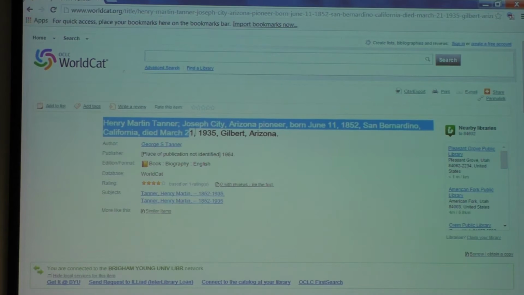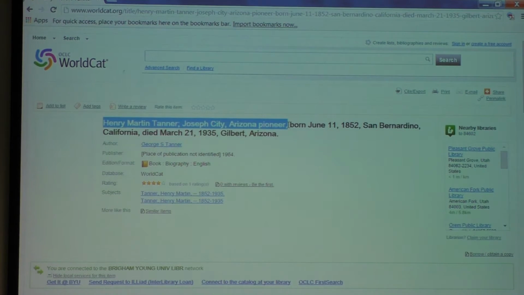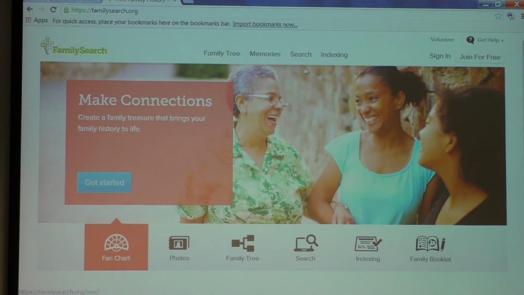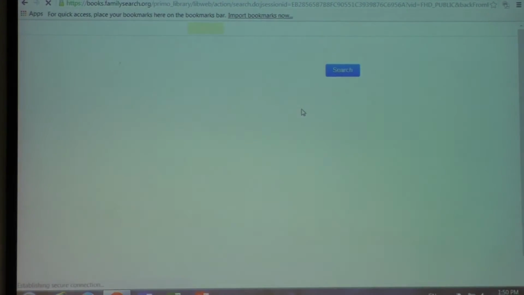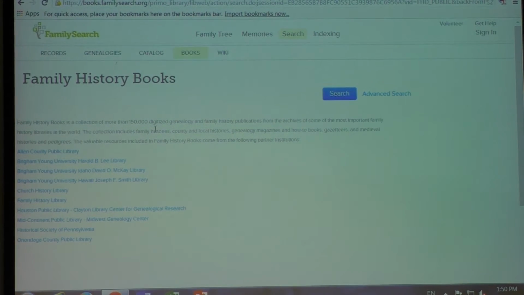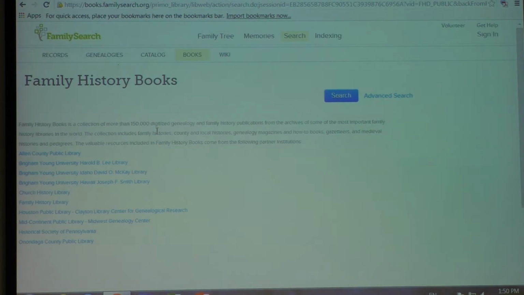So if you take a copy of this, what I would do is copy that, and then one of the places you'll see on my list of places that I like to go is, of course, Family Search. And one of the things that Family Search has is a huge collection of genealogy and local history books, something over 150,000 of them completely digitized and searchable. So now we want to see if they have it.